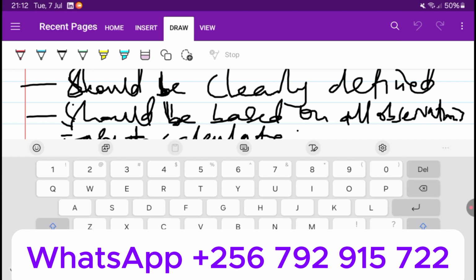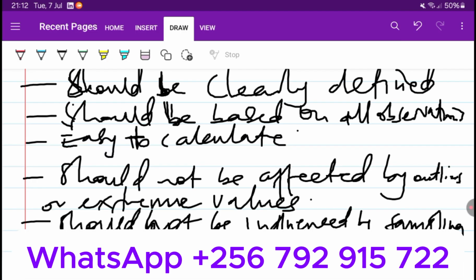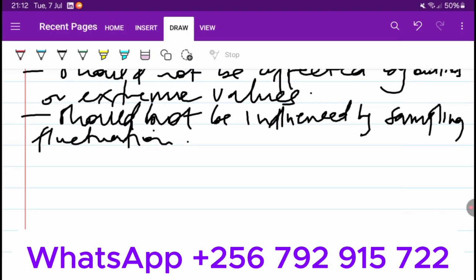Then the other thing is that it should be able to be used for further arithmetic or algebraic treatments. It should be utilized for further mathematical treatments. For instance, I've told you that when we go to measures of dispersion, we will find ourselves using some of these measures of central tendency to tell how the data is going to be spread away from certain values.